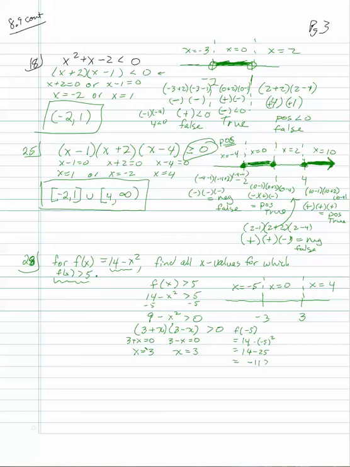And is that greater than 5? No, that's false. f of 0 is 14 minus 0 squared, which is 14. Is that greater than 5? True.